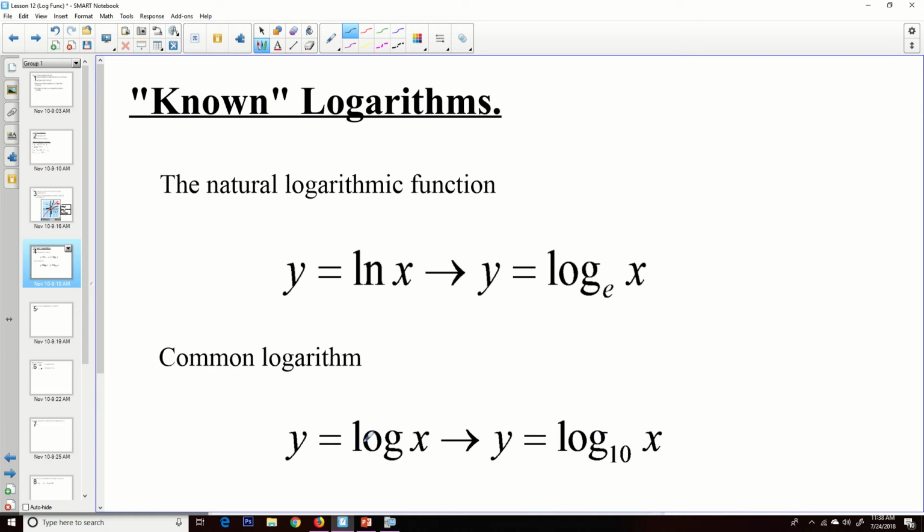And so you can kind of think of that log of x is always base 10, the same way that you say that x is always equal to x to the first, or x over 1 is always equal to x, or the square root of x is equal to the second root of x.